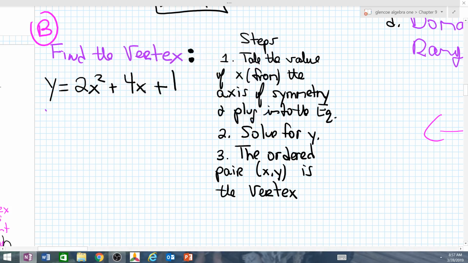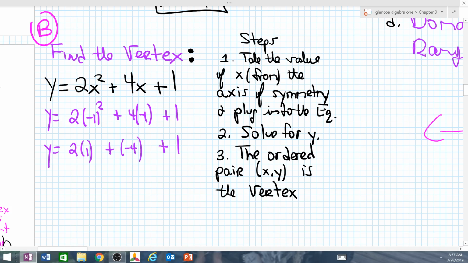Okay, so we're going to say y equals 2 times negative 1 squared plus 4 times negative 1 plus 1. All right, somebody tell me what you get.